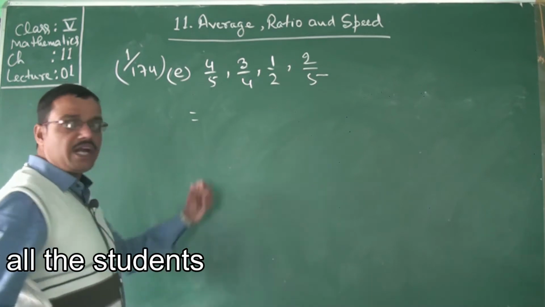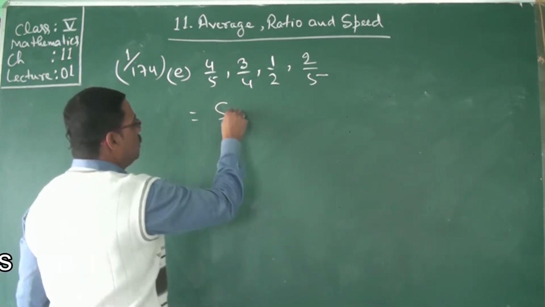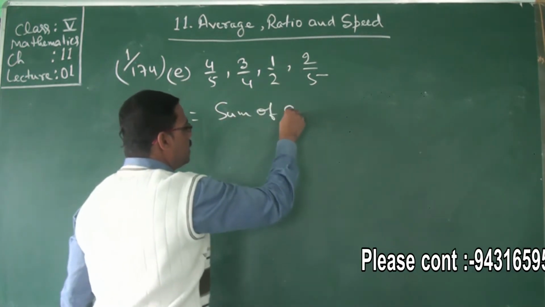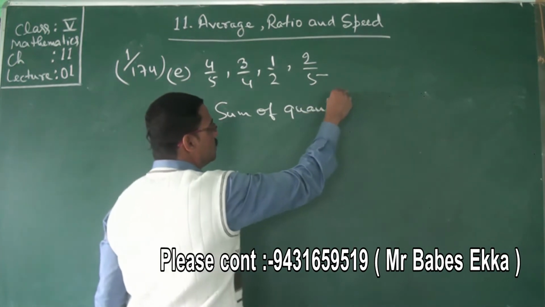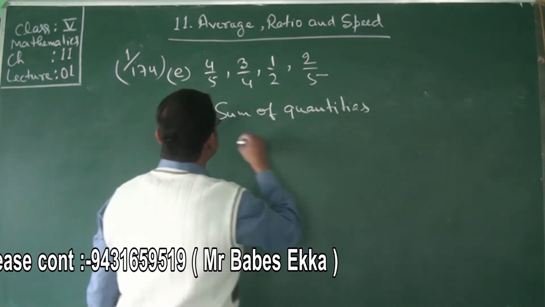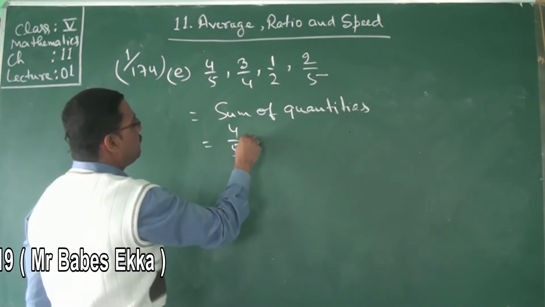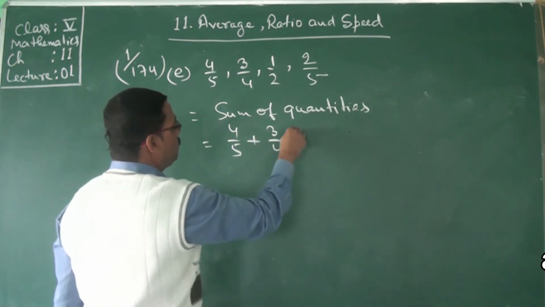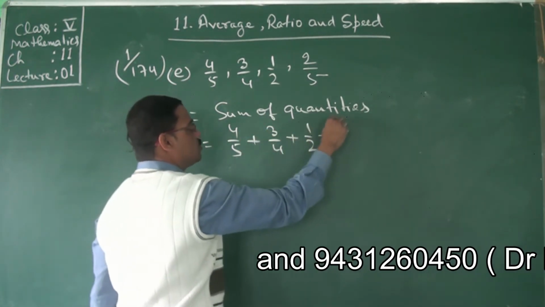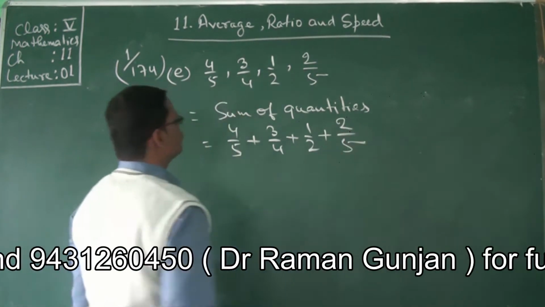First we need to find the sum of the quantities. So the sum of quantities is equal to 4 by 5 plus 3 by 4 plus 1 by 2 plus 2 by 5.